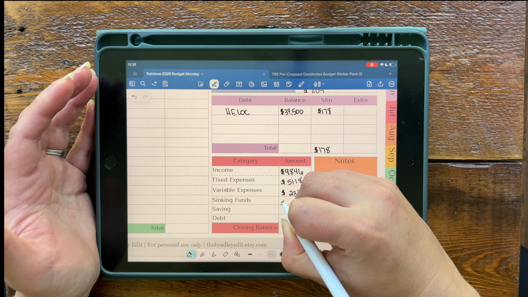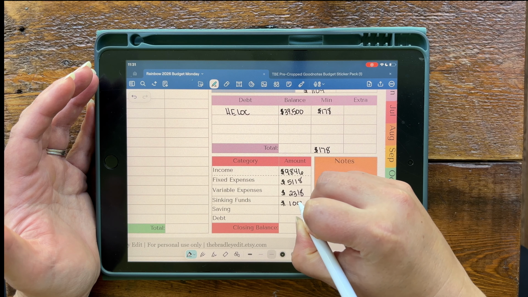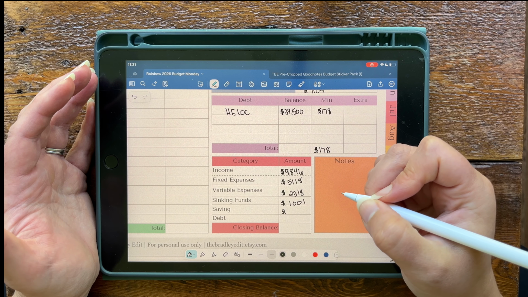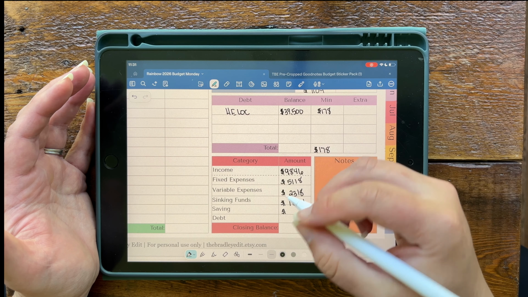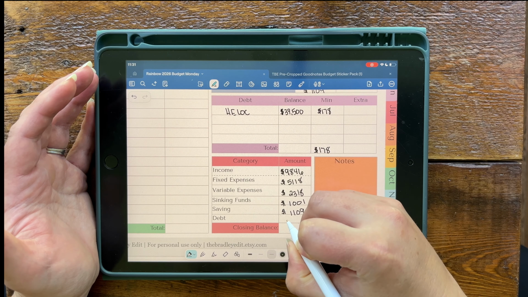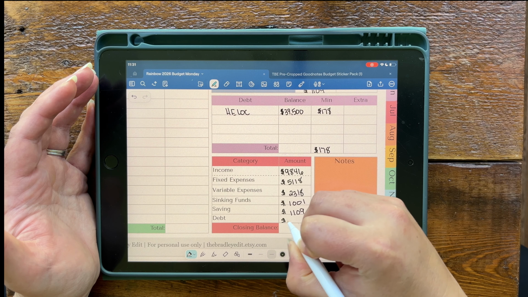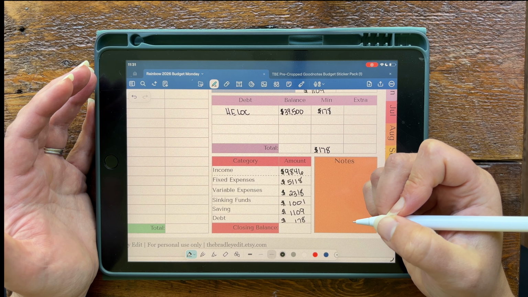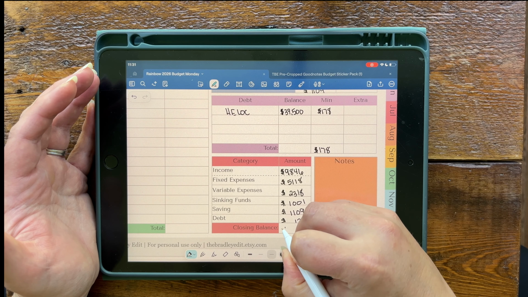Total sinking funds, $1,001. Our total savings, $1,109. And our total debt payment is $178. So at the end, we end up with a closing balance of $122.